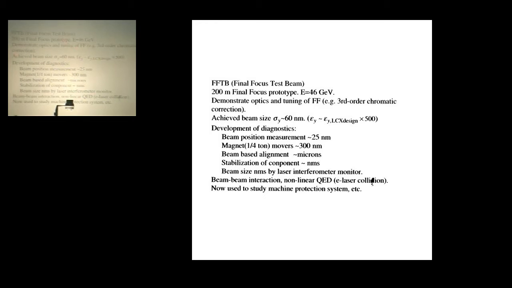And it achieved a beam size of about 60 nanometers, which is 1 order bigger than the present design of the NLC or JLC. But you should note that the vertical emittance was about 500 times bigger than the LC design. So the beta function is even smaller than our design.